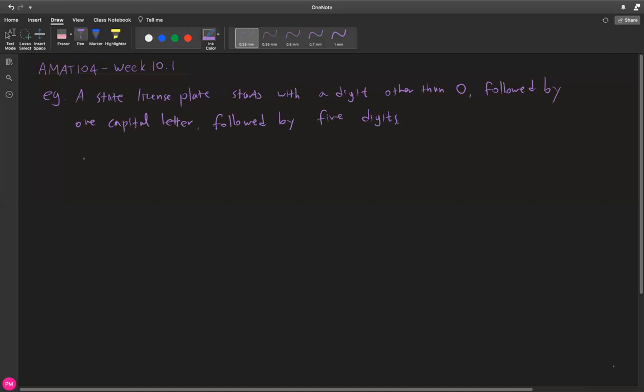So this is just an example. So if the problem asks, how many different license plates are possible?